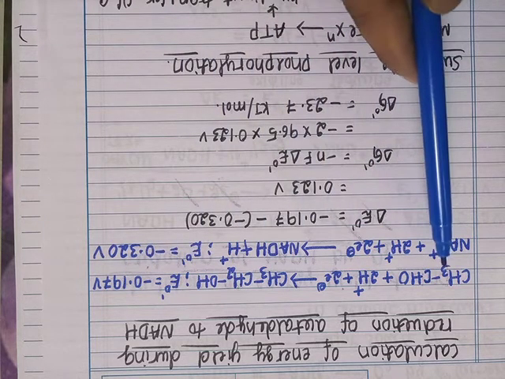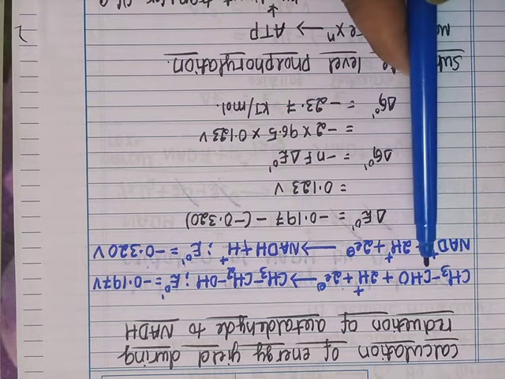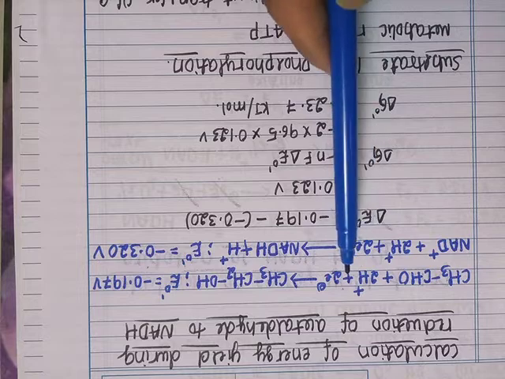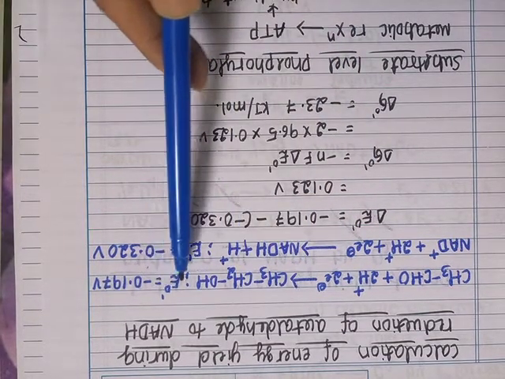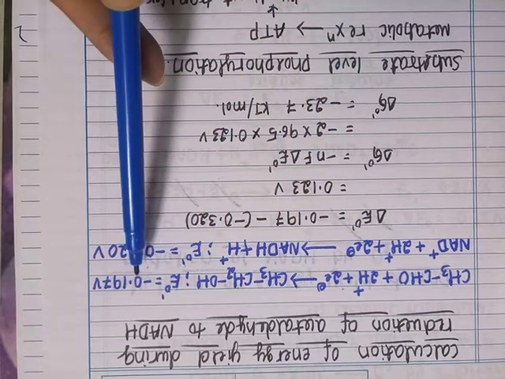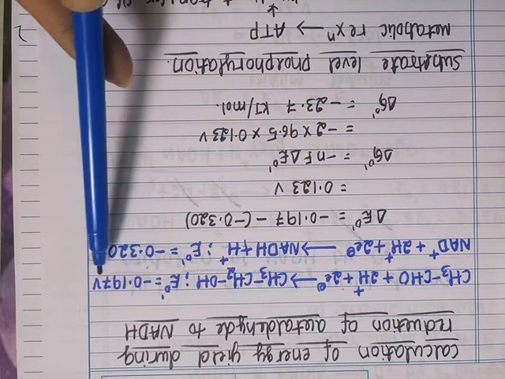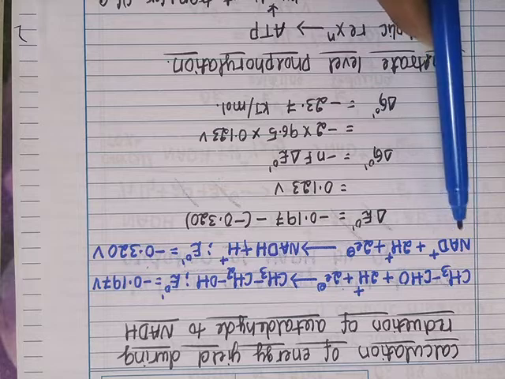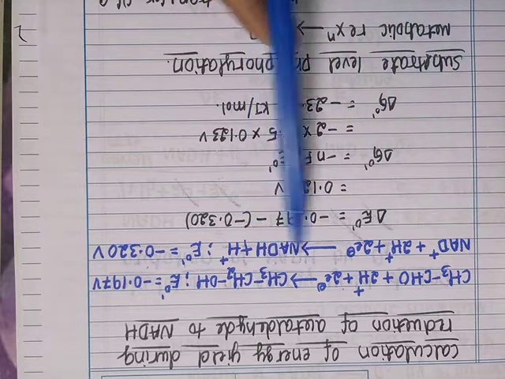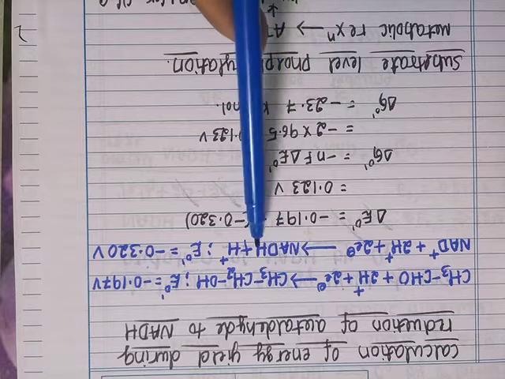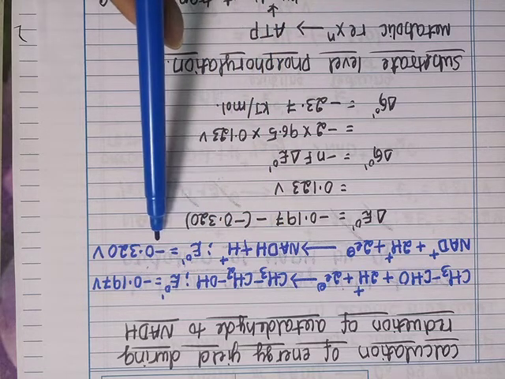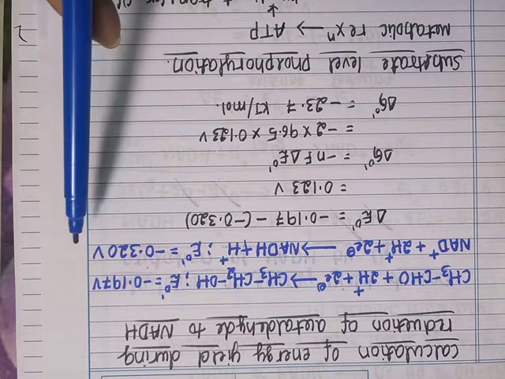When acetaldehyde undergoes reduction to form ethanol, the standard reduction potential for this reaction is minus 0.197 volts. For the formation of NADH by the reduction of NAD plus, the standard reduction potential is minus 0.320 volts.